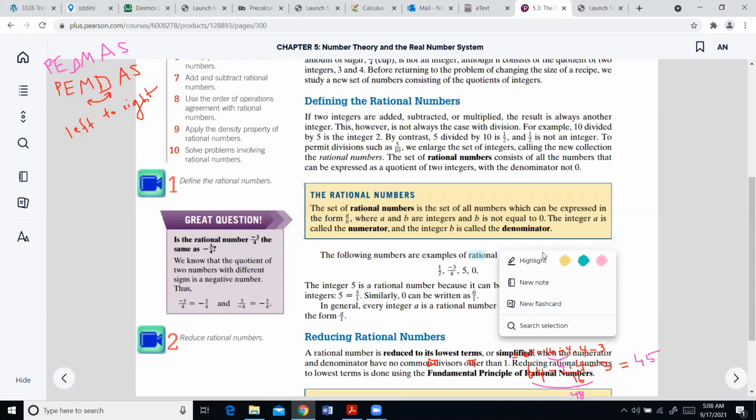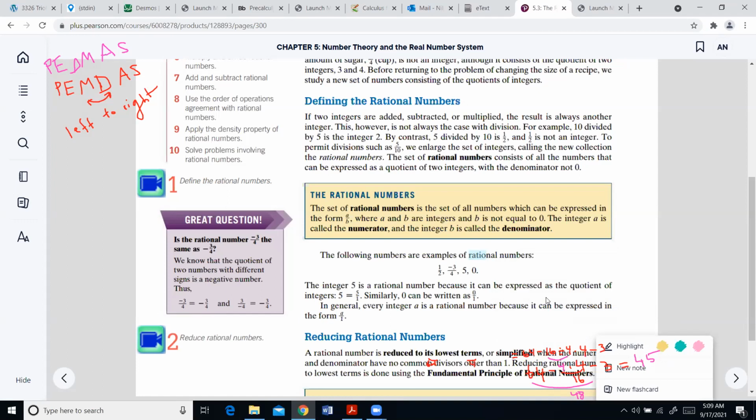And here are examples of fractions, of rational numbers, such as 1/2 or -3/4, or numbers like 5 and zero. One may wonder why those are ratios, because they're whole numbers. Well, because they can always be turned into 5/1. So you can also write these as fractions.